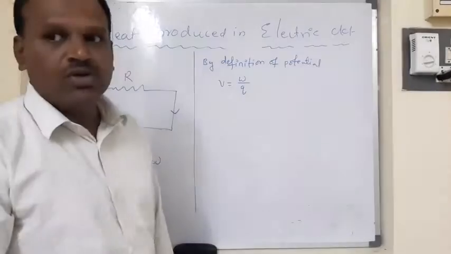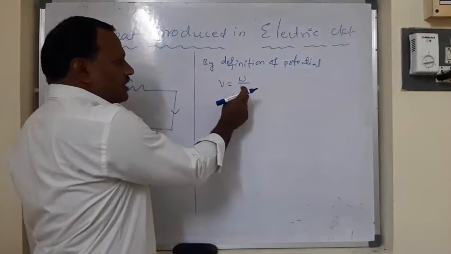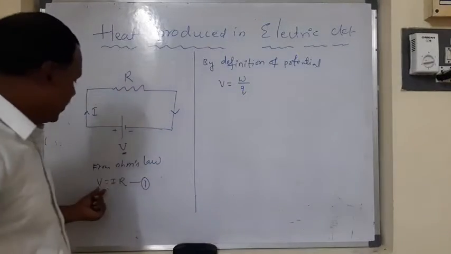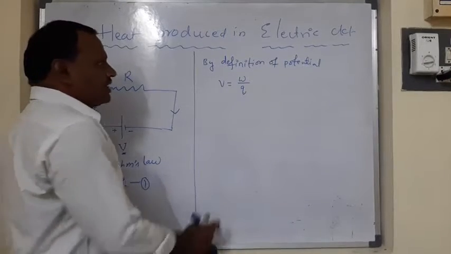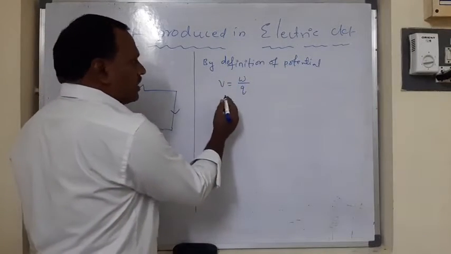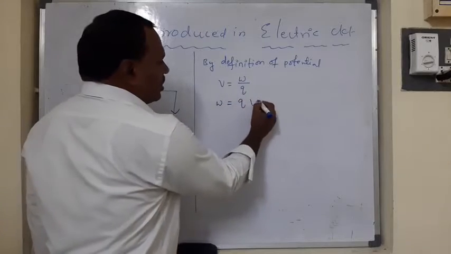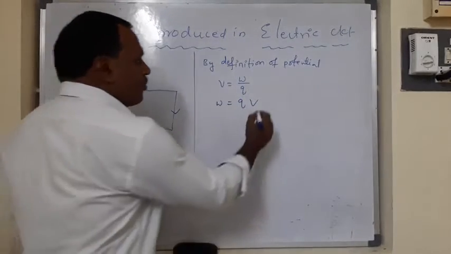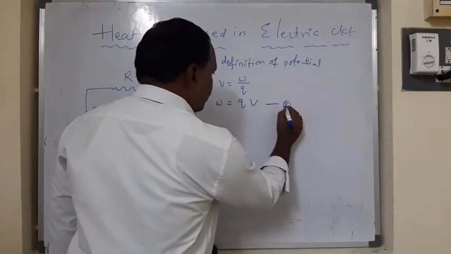So from this, W is equal to charge into potential. Now I can put this as equation 2.